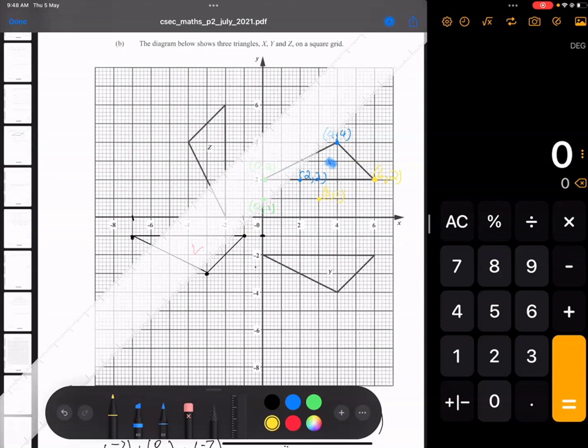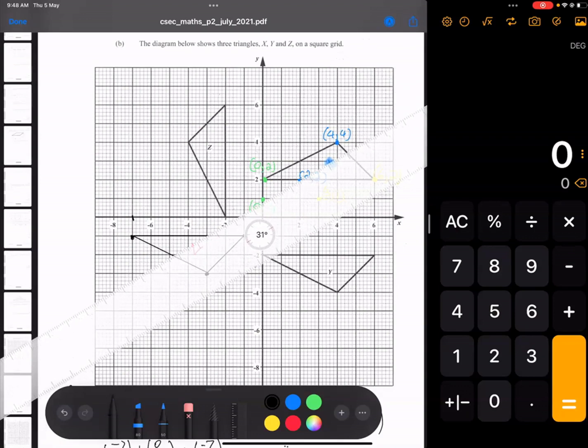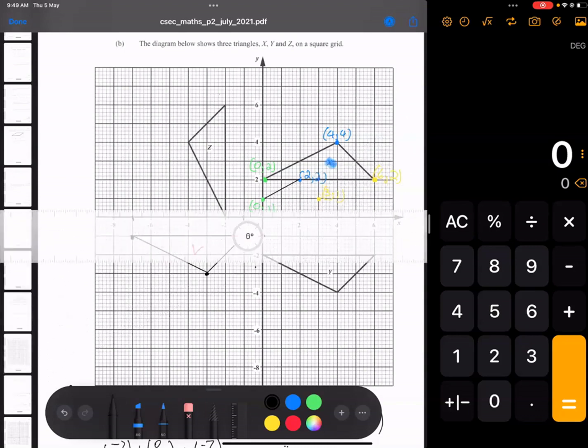So let's take out our ruler and draw our straight lines. Bring it in there.